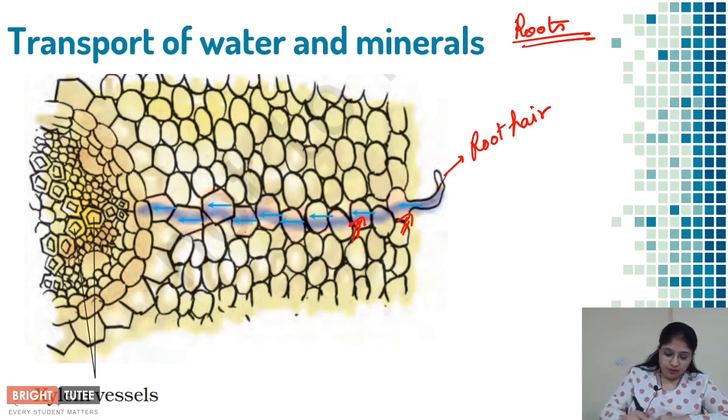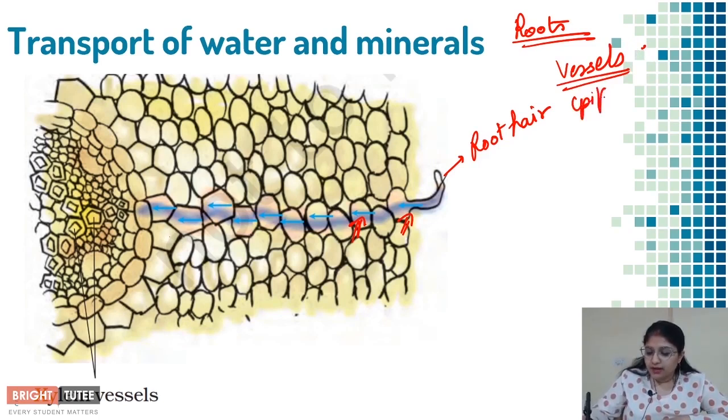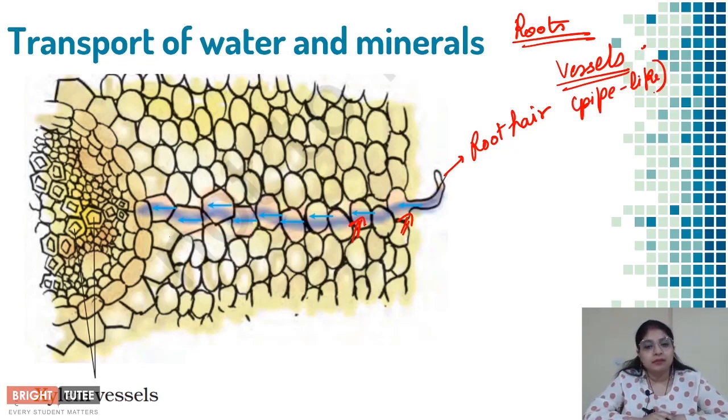This water is transported through the root and goes into the vessels. So, basically, the plant contains vessels which help in the transportation of materials. These vessels are actually pipe-like structures that are present in the plants.